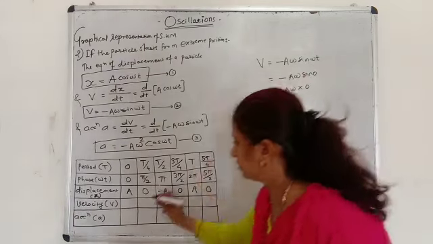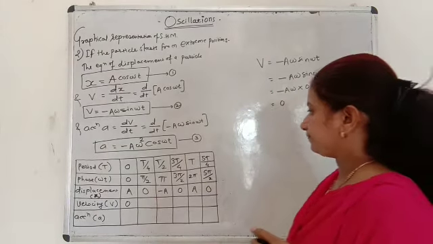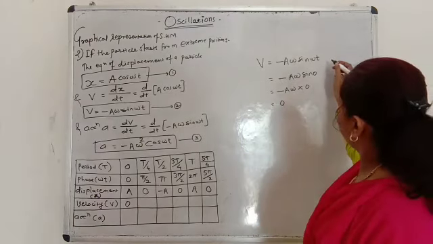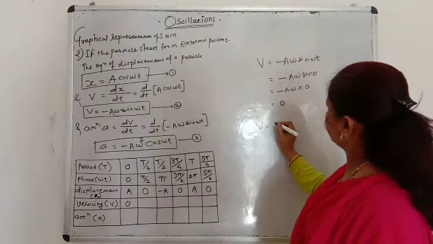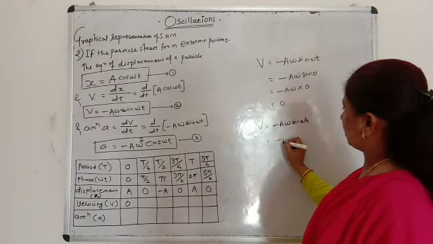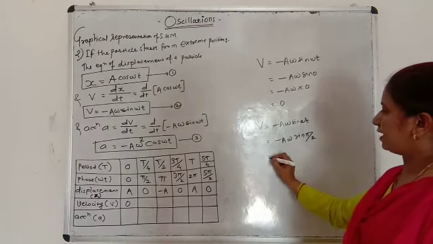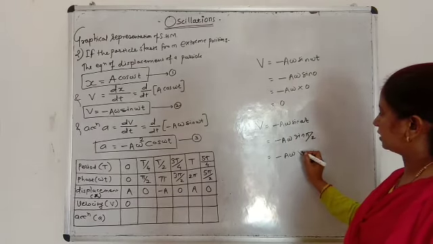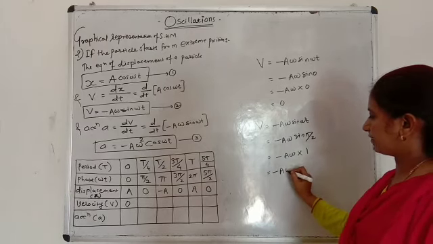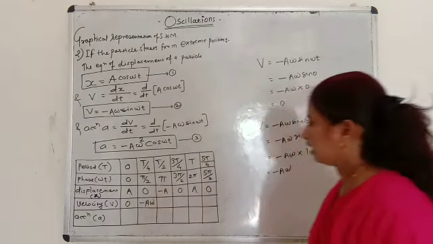So it becomes 0. So first value of velocity becomes 0. Then pi by 2. Second phase pi by 2. Sine pi by 2, v equals to minus a omega sine omega t. Here minus a omega sine pi by 2. And sine pi by 2 is nothing but 1. So here 1 into minus a omega, this becomes minus a omega. So here we put the minus a omega.